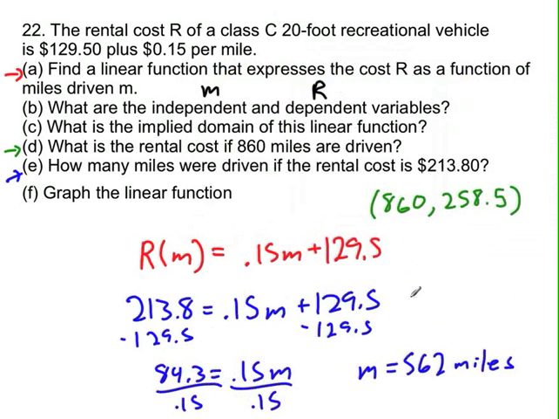Now I'm going to use that as a point as well. So my miles is going to be my x value, my inputs, and my y was 213.8.